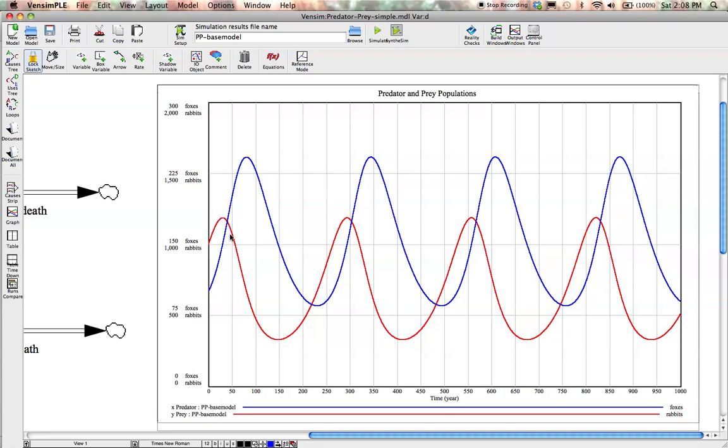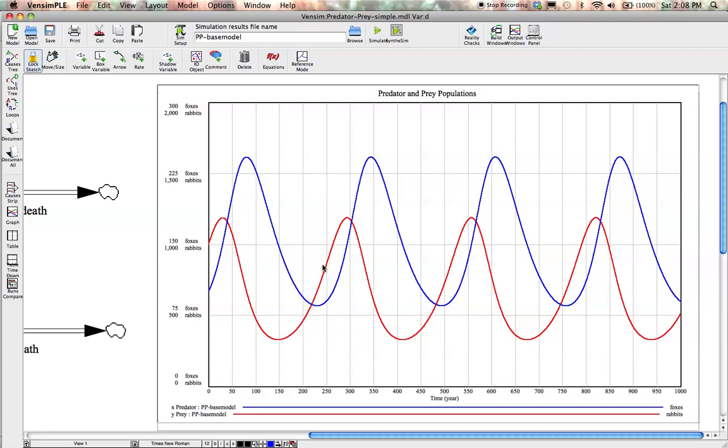You can see how the rabbit population takes a dive as the foxes continue to grow because they just prey on the rabbits. Then the foxes start running out of rabbits, and if the rabbits drop too low, foxes are not going to be able to sustain their growth, and the foxes start to drop. As the foxes drop, the rabbits start to recover because there's less predation, and they start growing.